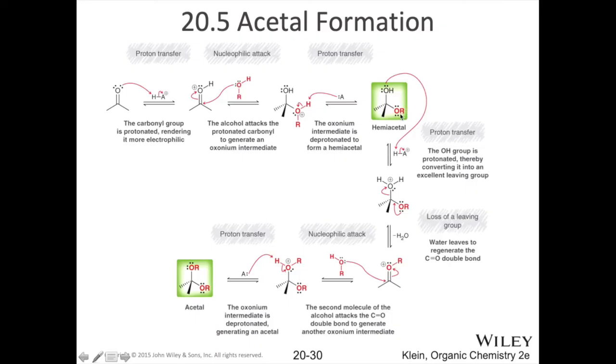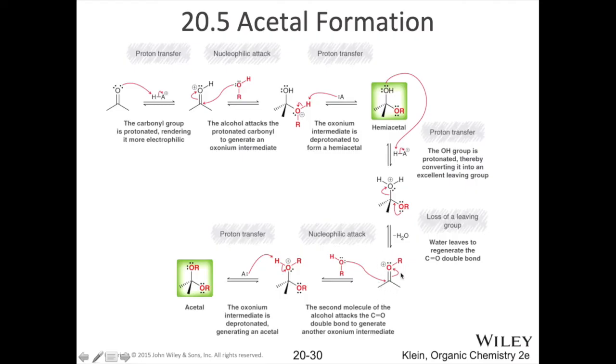Then we continue on with the rest of the mechanism, again with a proton transfer to drive this forward. We start off by destabilizing this by having a proton add on to our alcohol. Now notice that we have essentially made a water leaving group, right? This is very stable when it leaves as a neutral water molecule, and that is actually what happens. We have the electrons from this oxygen swing down, and we make this intermediate.